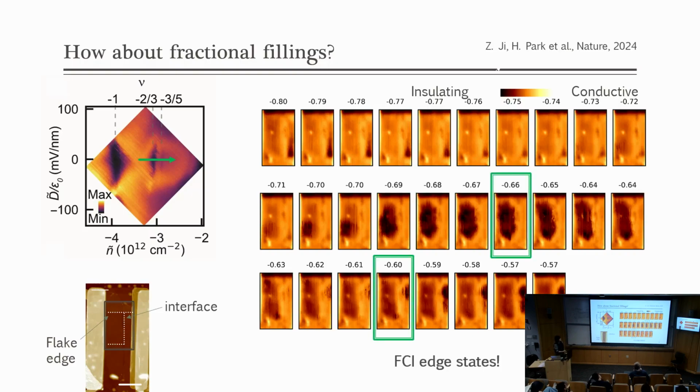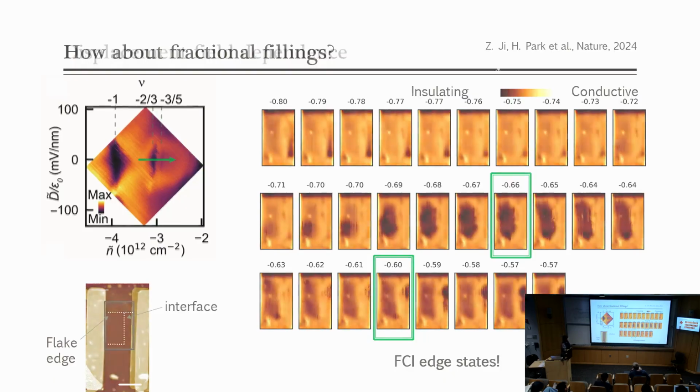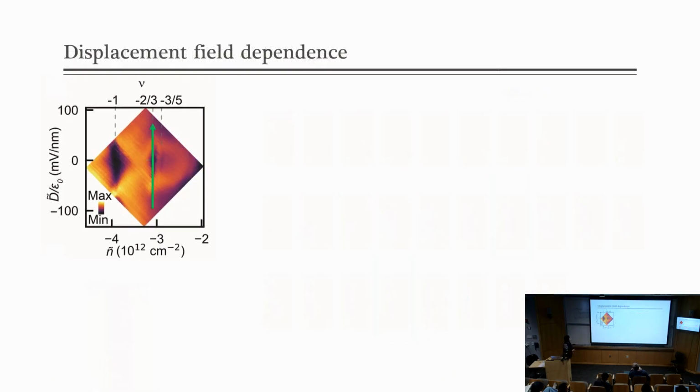Okay. So after seeing those features, we went into considering what that signal is telling us. One fact check that we did was to stay at nu equals minus 2/3 carrier density and just change the displacement field. Changing the displacement field in the FCI in twisted MoTe2 will drive us from FCI to a Chern density wave state.